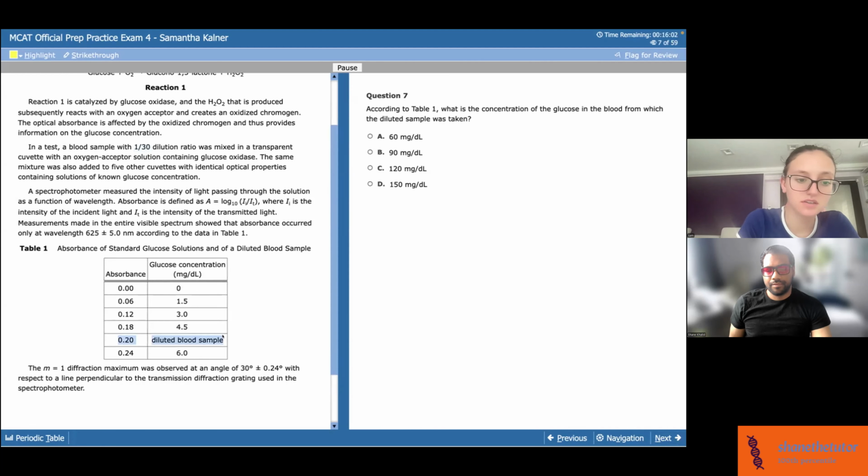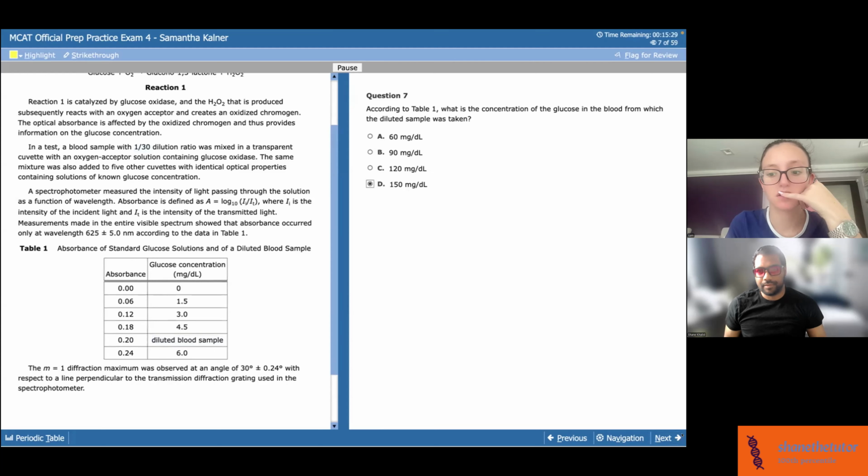I'm just asking if the absorbance is what they're looking for, because the glucose concentration would be around 5 if you look between these two, or 4 point something. And then I think you have to plug that into the 1/30 to get one of these. So let's say 30 times 4 is 120, but it would be a little bit bigger, so it would be 150. Excellent. So it's just an educated guess based on where these things fall.